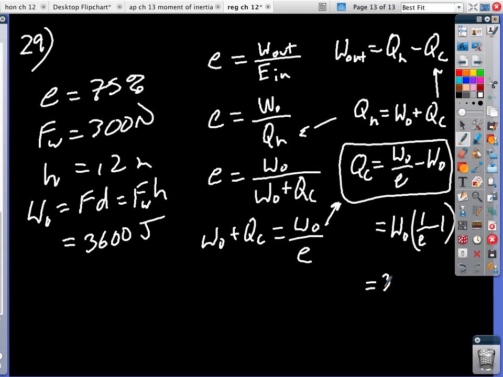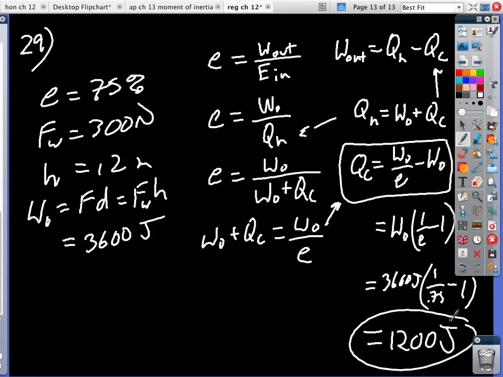And so that's 3,600 joules times 1 over 0.75 minus 1. Since 0.75 is 3/4, 1 over that is 4/3. 4/3 minus 1 is 1/3. So our answer should be 1200 joules.